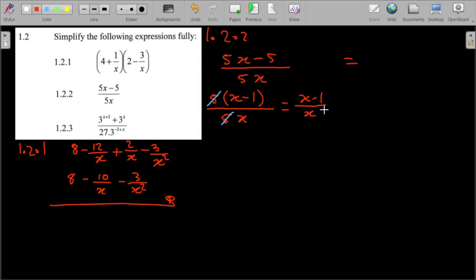So here, if I apply what I did here, I hope you can see, I took this denominator, and then I added it here at the top. So what is happening here? I can say this 5x all over 5x, and then minus 5 all over 5x. This thing is exactly the same as this.